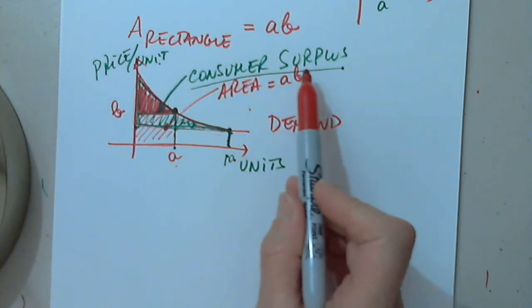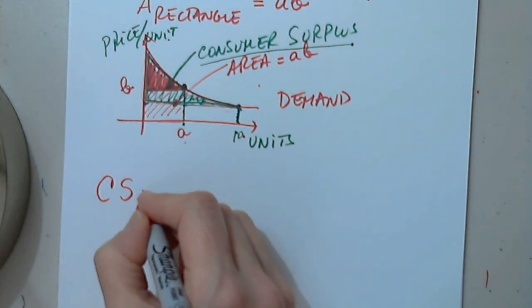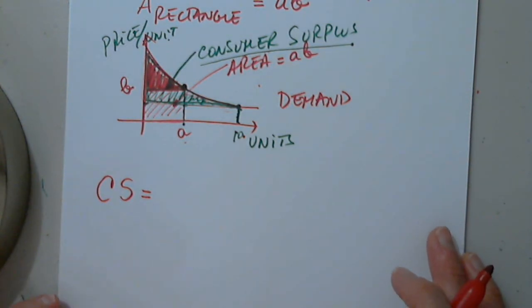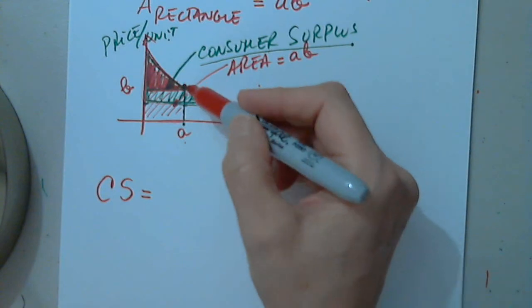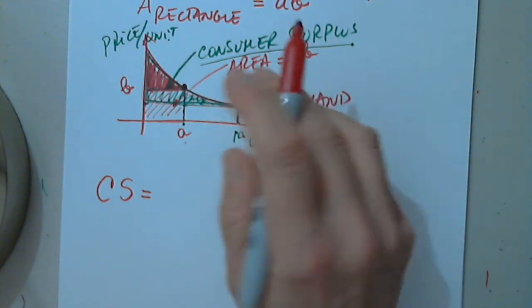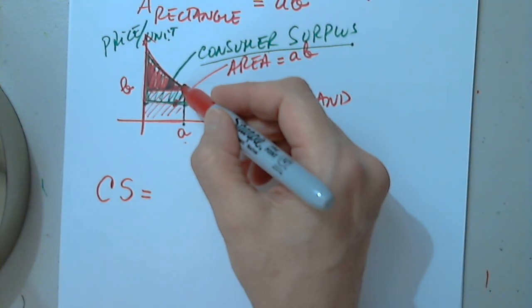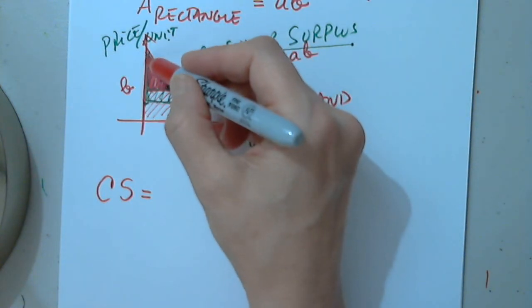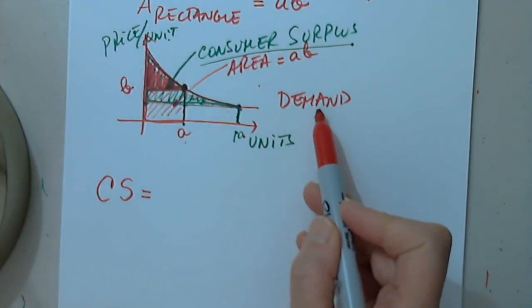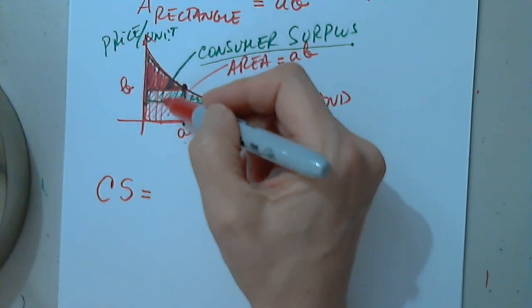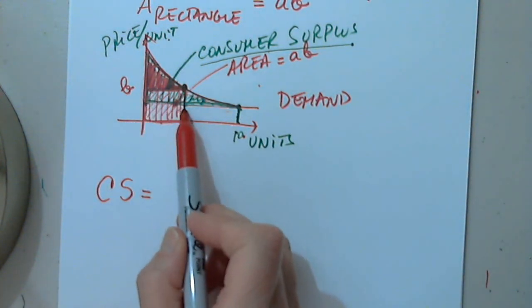How do I determine the consumer surplus? The consumer surplus is, let's say for this point, or for this point, it doesn't matter which point. Let's say for this point, what will be the consumer surplus? It will be this area under the graph of the demand function minus the area of the rectangle.